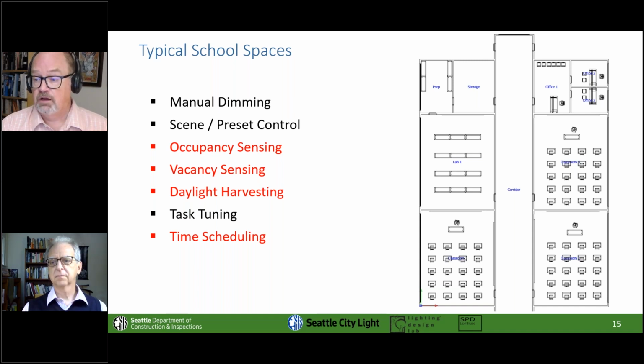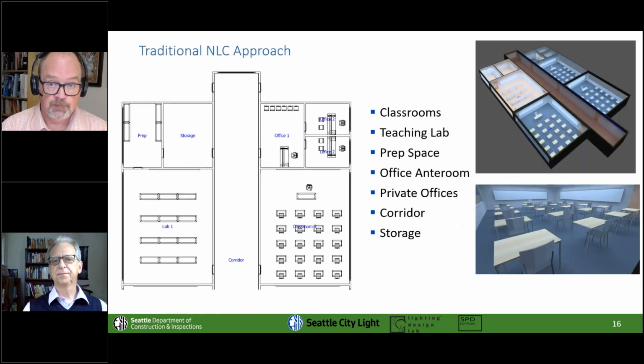And we've got 3 classrooms, a corridor, a lab, a storage space, a prep space, a couple of offices. So we have a lot of different places. But again, from a codes standpoint, we're typically really concerned about occupancy and vacancy sensing, daylight harvesting, task tuning, time scheduling. Duane, go to the next one, please.